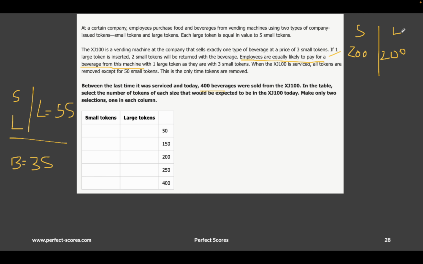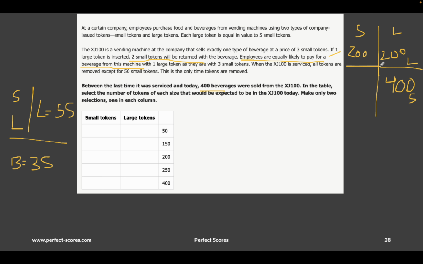Let's suppose you pay with 200 large tokens. Once you insert 200 large tokens, for each large token, 2 small tokens will be returned. So if you insert 200 large tokens, you will get back 400 small tokens. Now let's talk about small tokens.